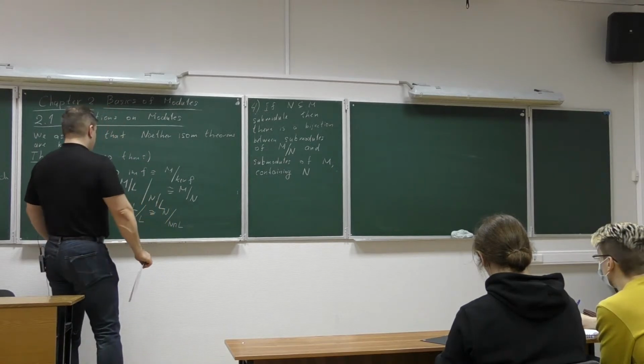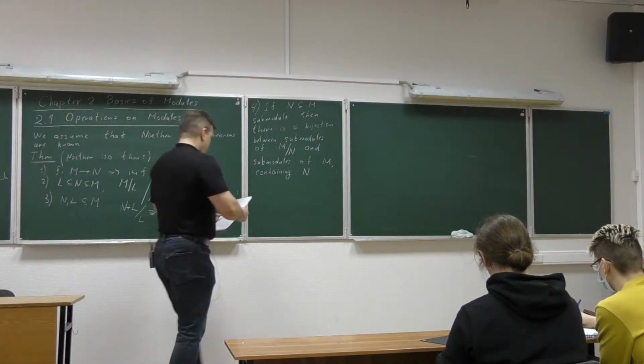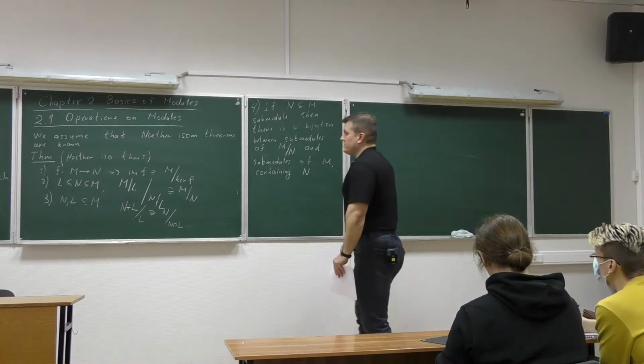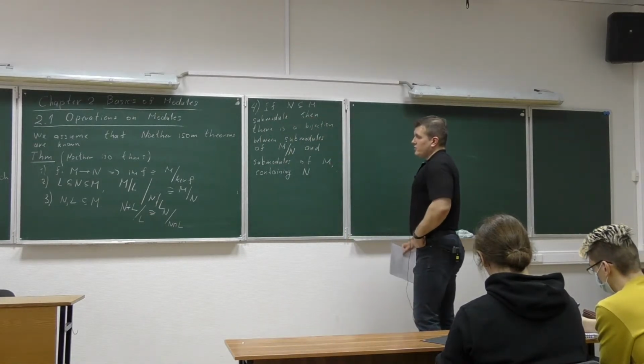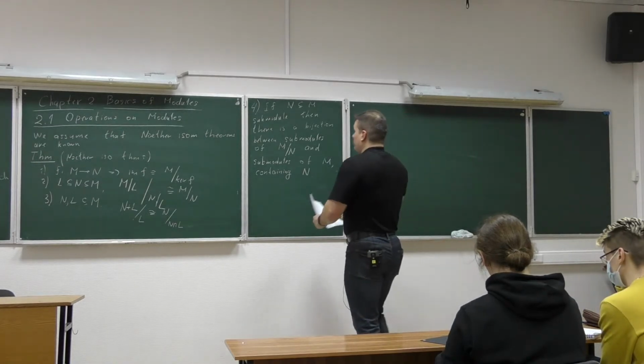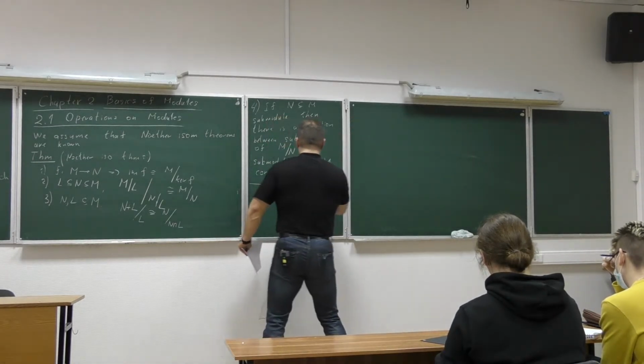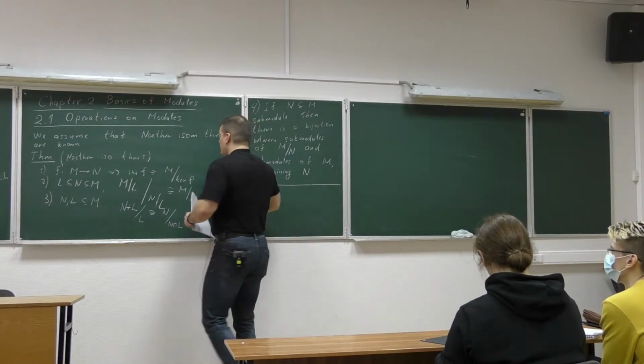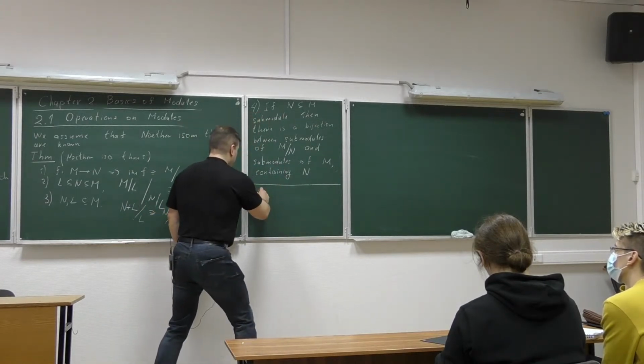Okay, so this is just some very basics of the modules. I hope you've seen something like this, maybe in exercises in your core algebra course. But going to operations on the modules, of course we have the following operations.